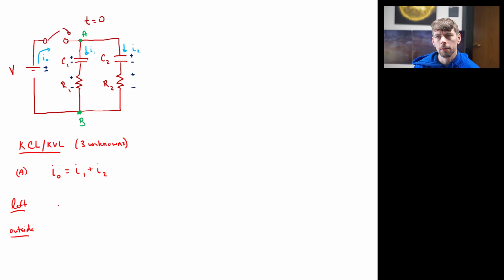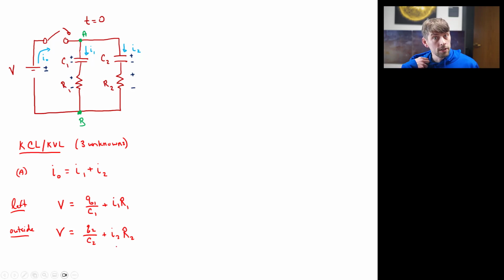For the left loop, as I walk around, I get a jump of the battery equal to the drop across the first capacitor, Q1 over C1, plus the drop across the first resistor. And similarly for the outside loop, you can see it's Q2 over C2 plus I2 R2.